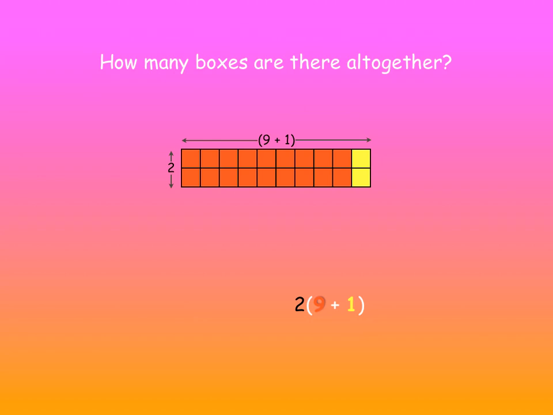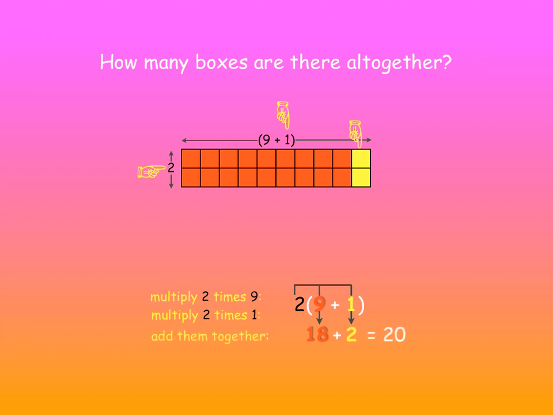Now the question, how many boxes are there altogether? Well, we can multiply 2 times 9, that's 18 of course, and we can multiply 2 times 1, that's 2, and then add them together, and that gives us 20.